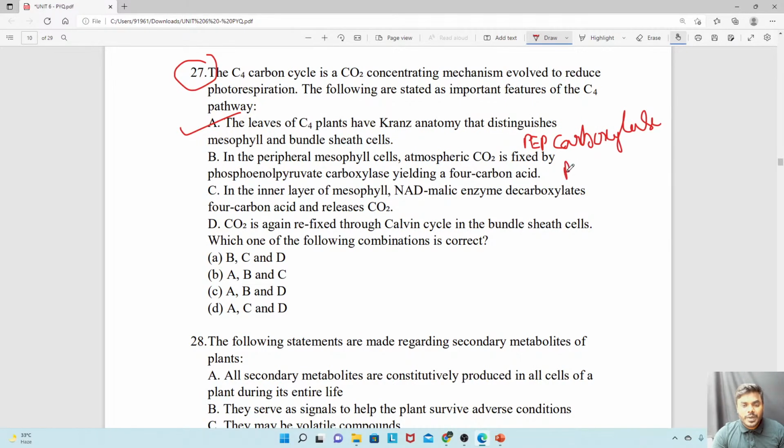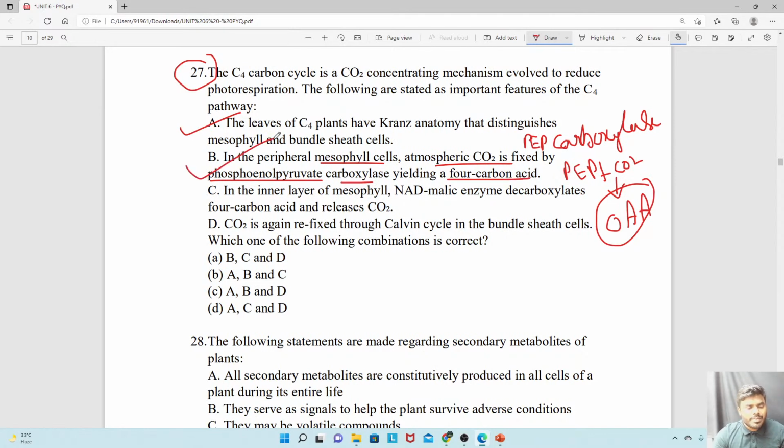What is the function of PEP carboxylase? It combines PEP with carbon dioxide and gives rise to oxaloacetic acid. So in the peripheral mesophyll cell, atmospheric carbon dioxide is fixed by phosphoenolpyruvate carboxylase, yielding a 4-carbon acid. Right statement.